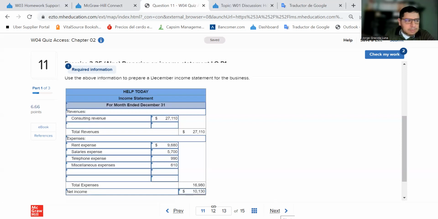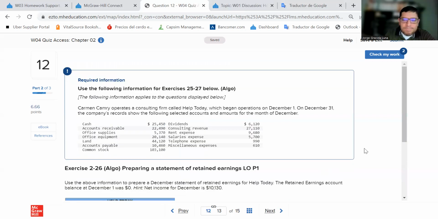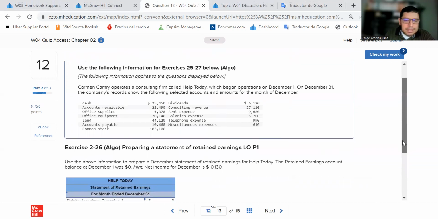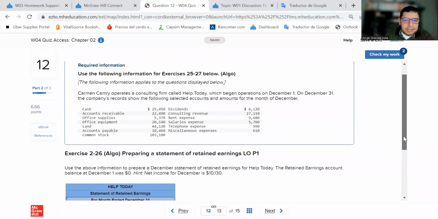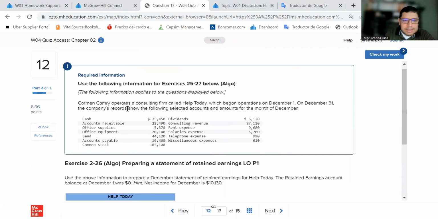The next one asked for, in this case, a statement of retained earnings. So we have the same accounts here, but in this case, the retained earnings account balance at December 1 was 0. So this is the first number that we need to use. Net income for December is 10,130.